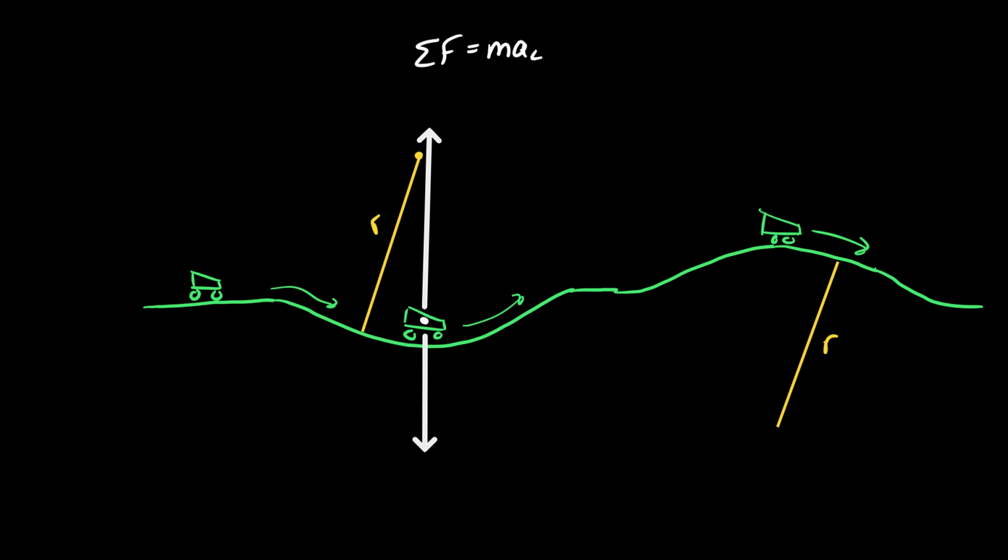And in this circumstance, the normal force will be greater than the weight. That's what's causing it to be unbalanced. You feel heavier because the road pushes up more on you while you go through this turn. You don't think of it as a turn, but it's a circular path.